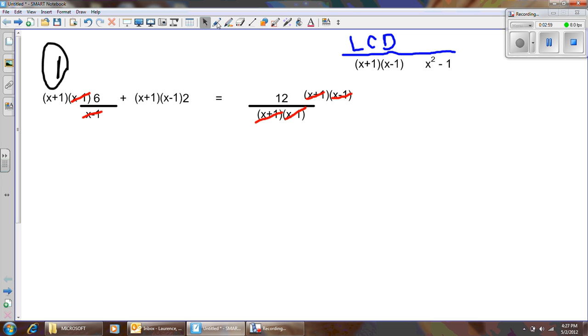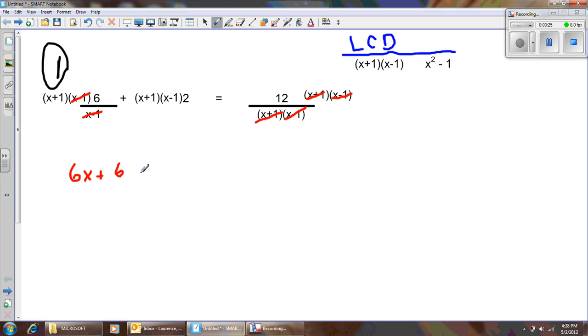So now, when I look at this first fraction, what I have is 6 times the quantity of x plus 1, which is 6x plus 6. This quantity of x plus 1 times the quantity of x minus 1 times 2, well, I know that the two quantities FOIL into x squared minus 1.